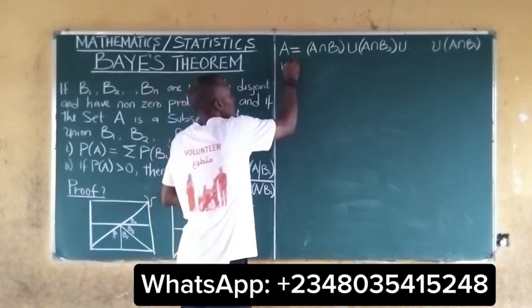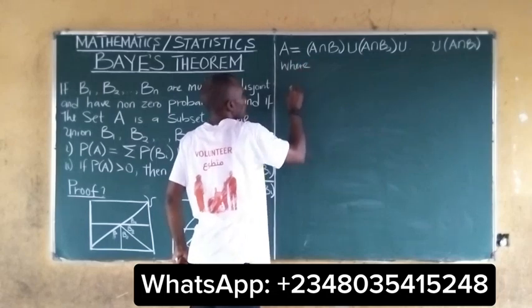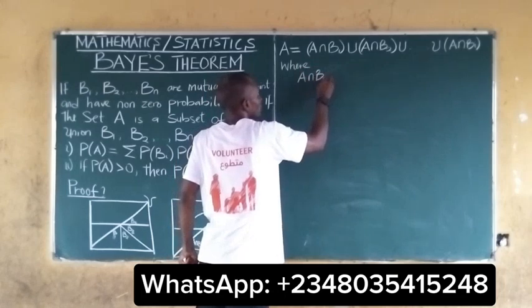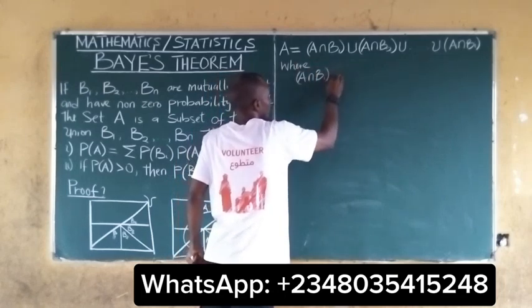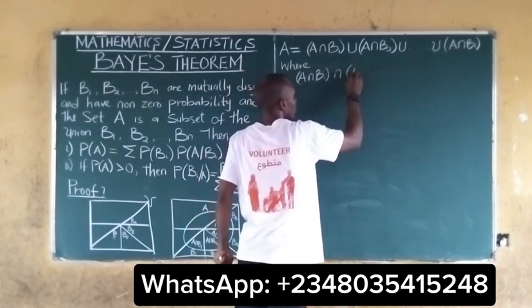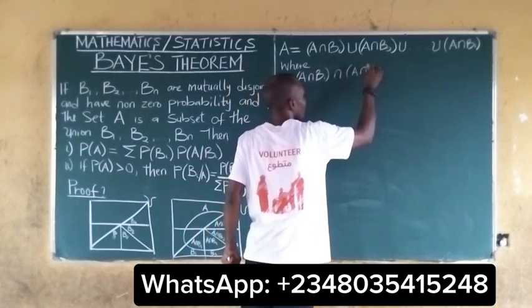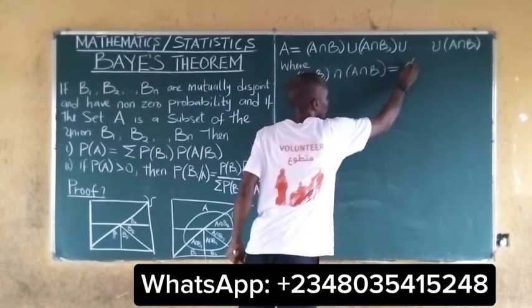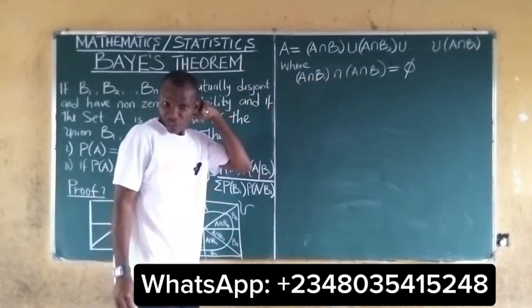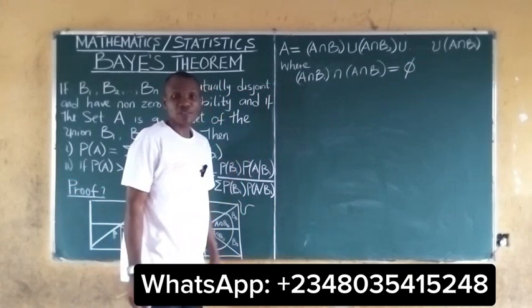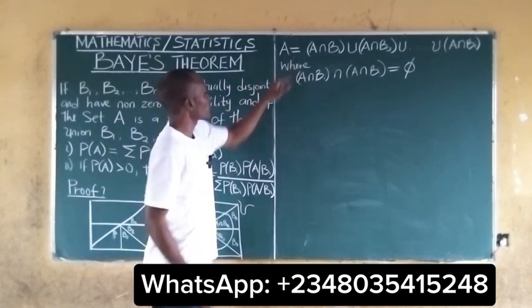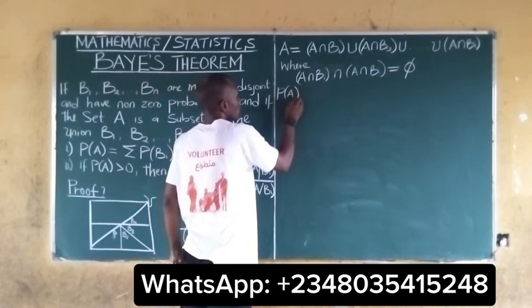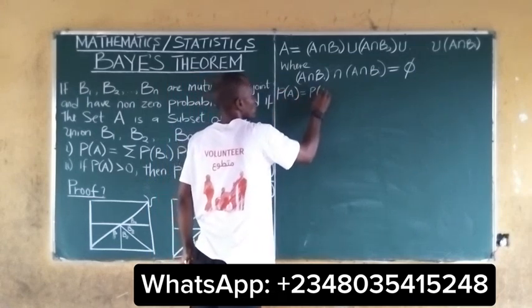Where A intersection Bi intersection A intersection Bj is equal to a disjoint set.